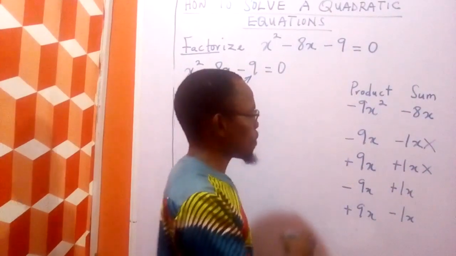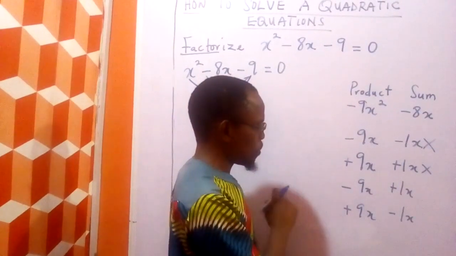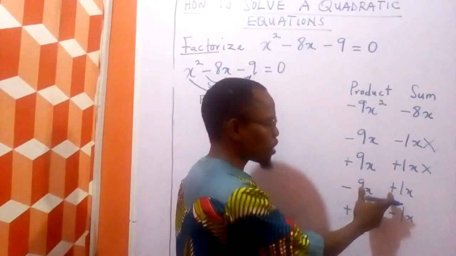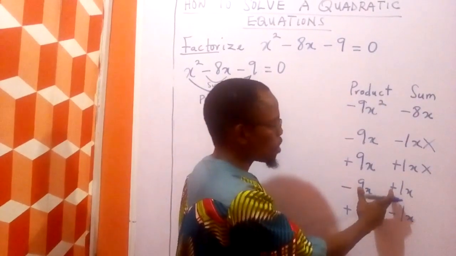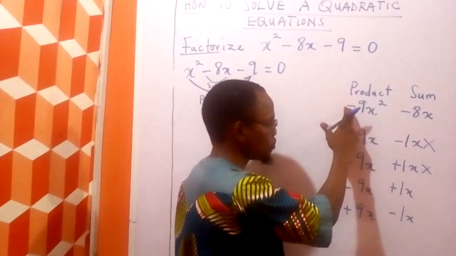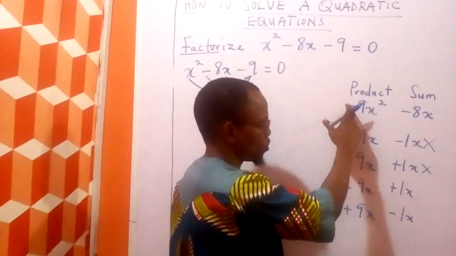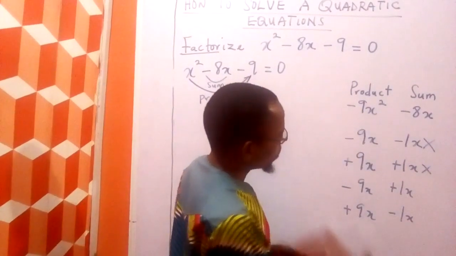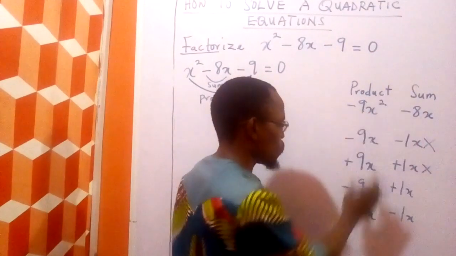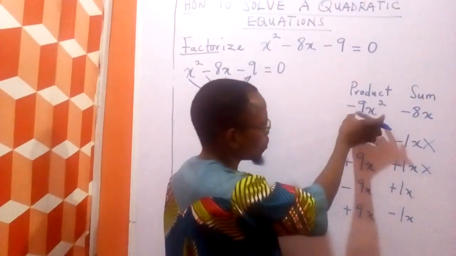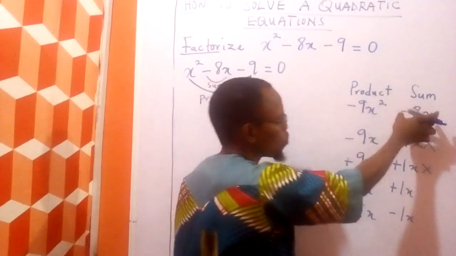The third one is saying minus times plus. Minus times plus will give us minus. Then 9 times 1 is 9, x times x is x squared, which means this one gives us the product. Let's now go to the sum.